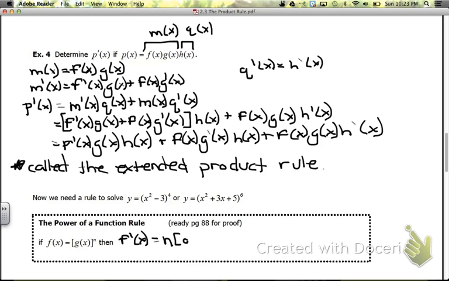You're going to multiply it by our g of x, still subtract 1 from your exponent, and then multiply by the derivative, g prime of x. Now I did touch on this rule yesterday when doing one of our last questions with derivatives, and I told you we would discuss it further, so here we go.